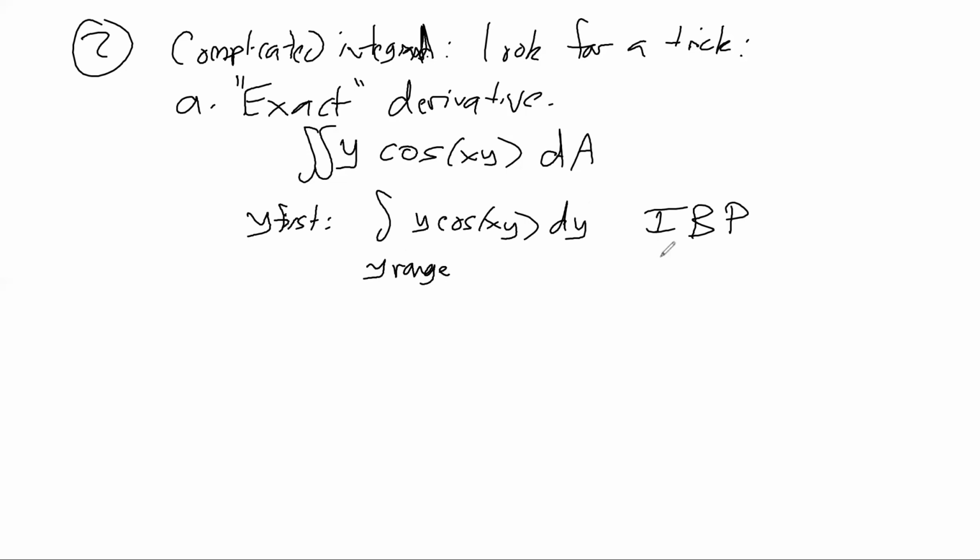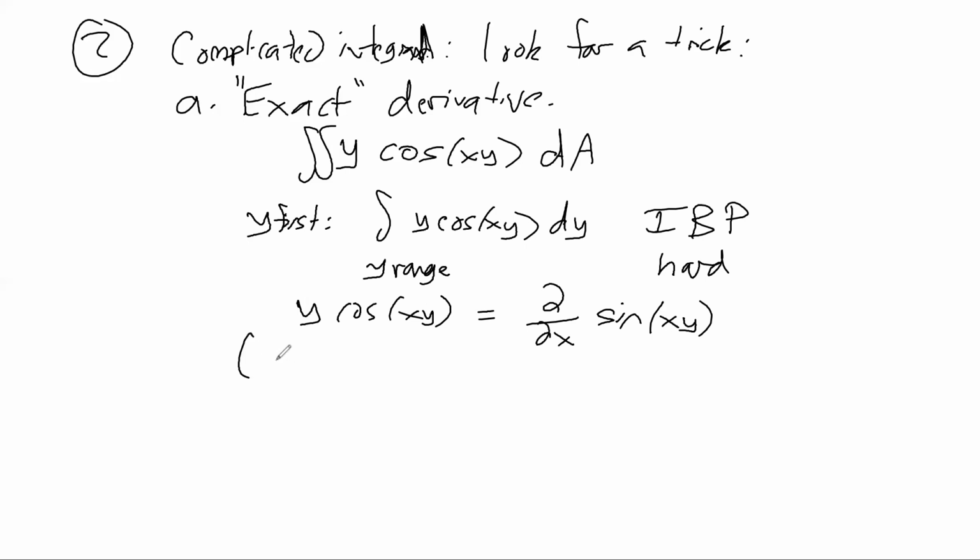So that's hard. So the easier way to do it is just to notice that y cosine of xy is actually equal to the partial derivative of sine of xy.